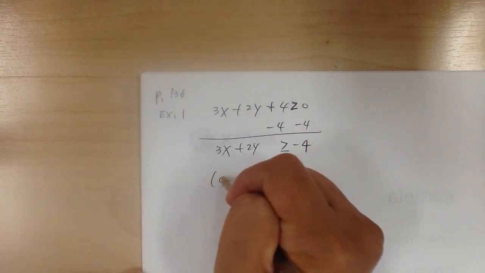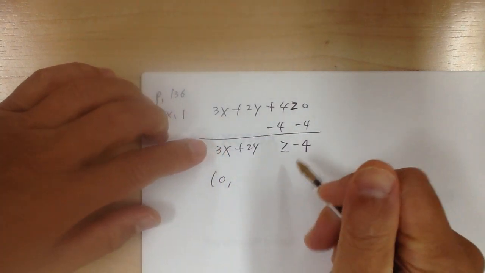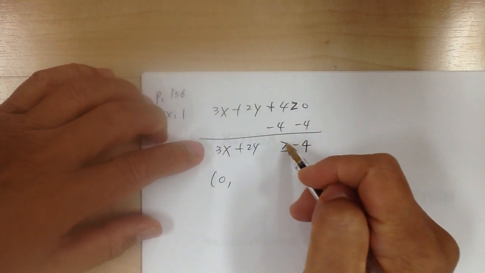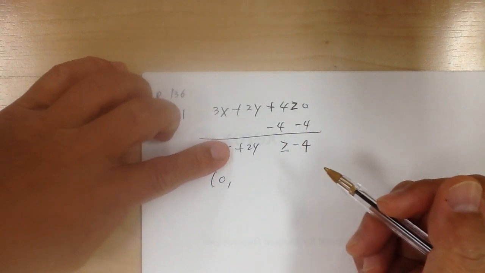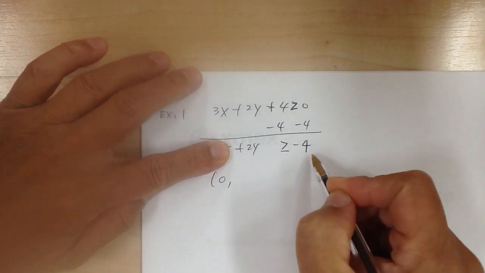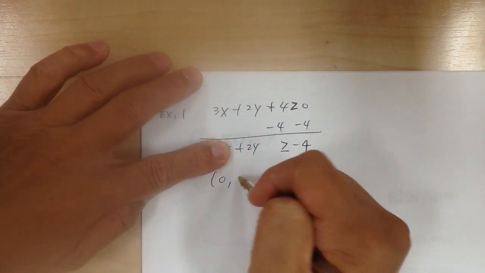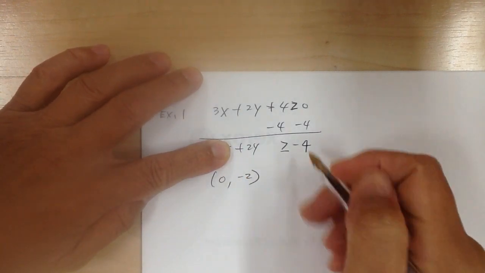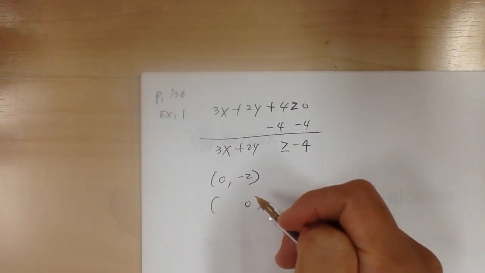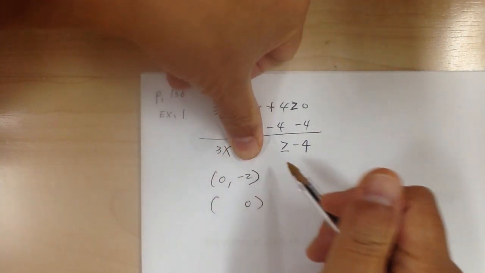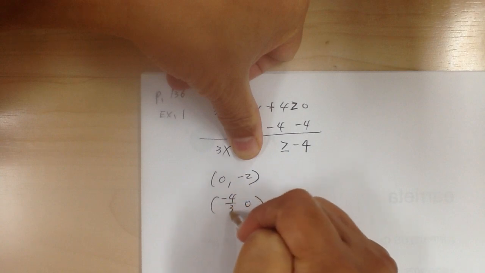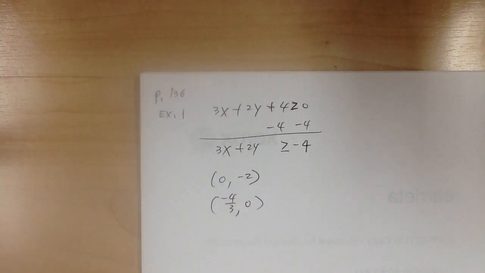So I'm going to let x equal 0. When you're looking for the boundary line, you have to treat this as equal. So if you let x equal 0, then y will equal negative 2. And if you let y equal 0, then x would be negative 4 over 3. So now let's graph that.